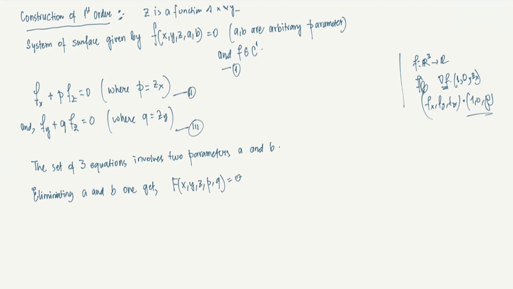I hope you understood what's happening. Relations 2 and 3 we got from 1 by differentiating with respect to x and y. Relation 1 contains a and b. Now you have 3 different relations and 2 parameters which you need to eliminate. Once you do that, you end up with a relation containing x, y, z, p and q. So this surface gives rise to a first order PDE.